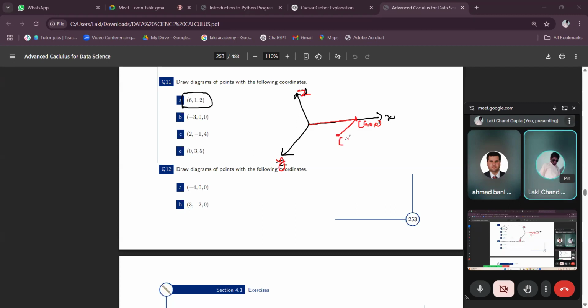Okay. So you can write 6, 1, 0. Okay. Now move 2 units on the z-axis. 2 units means here. Okay. So this is your point in space, right? When you connect all these points, you will get a 3D shape.